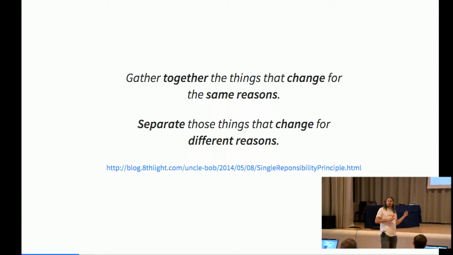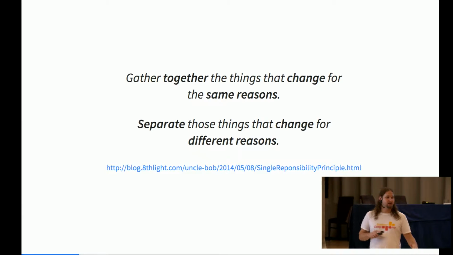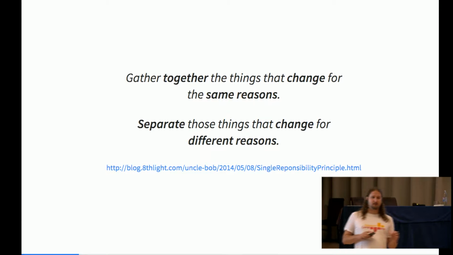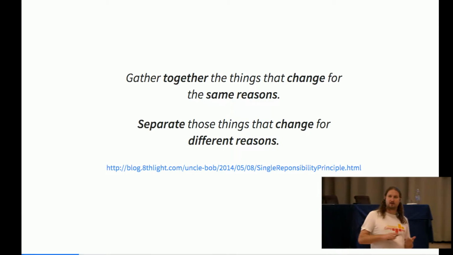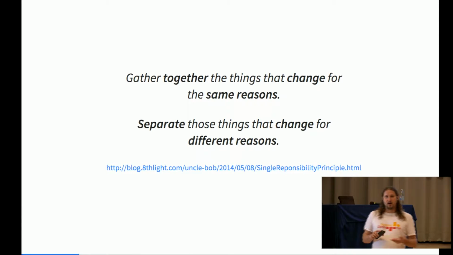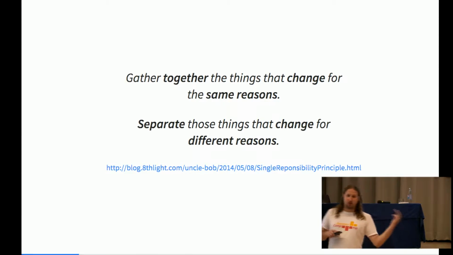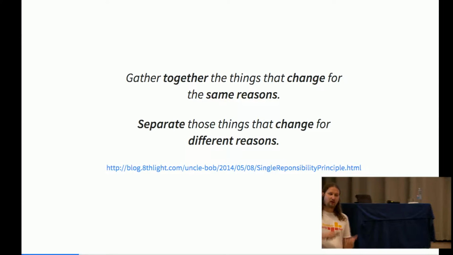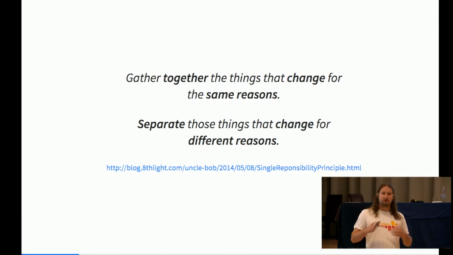So in our crawler example, when we had curl, some parsing, and a database, all those things might change for a different reason. We might replace curl with something else, like file system loading, when we change the location of the document from the web to the file system. We might change the way we parse the document because the document structure has changed.